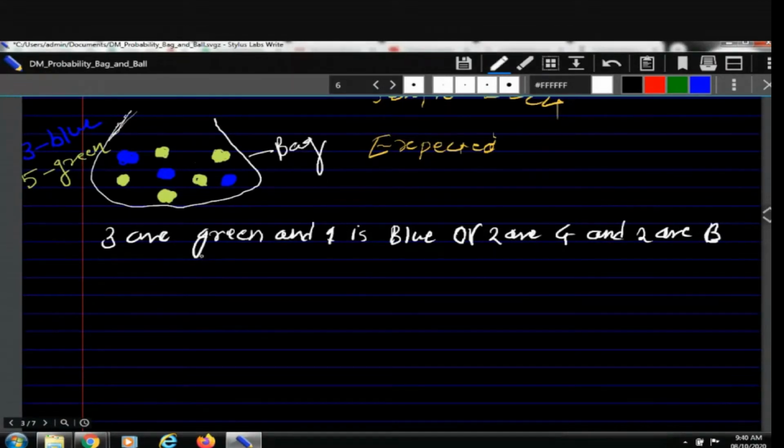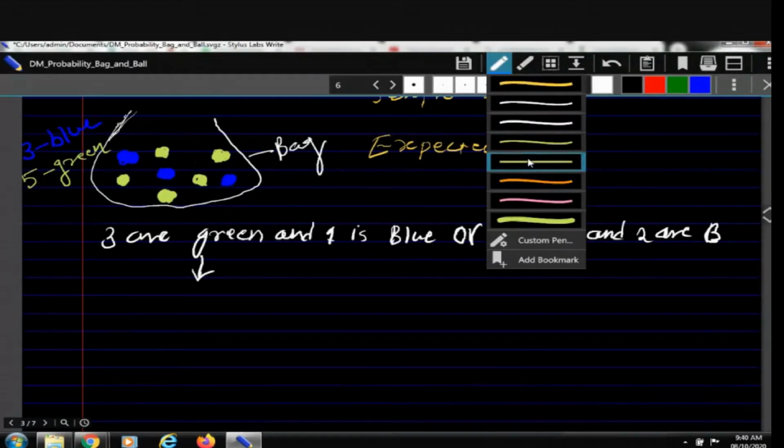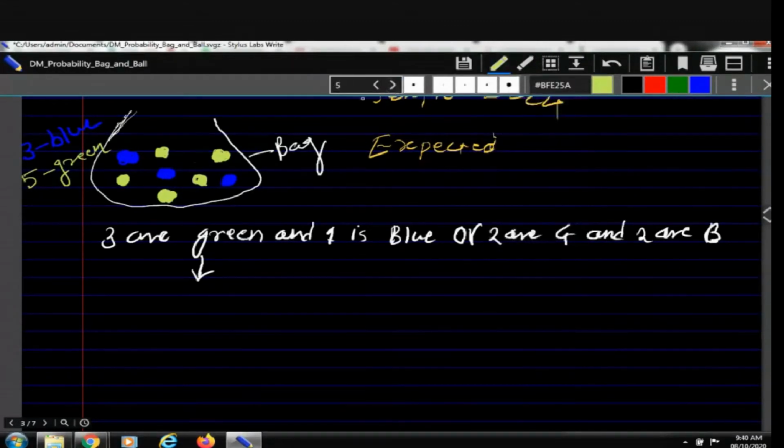Okay, now let us write this. Three are green. So how many ways can you select 3 green balls? You can pick 3 green balls by 5C3 ways. You have 5 green balls and you have to pick 3. Then one is blue. In how many ways can you select a blue one?